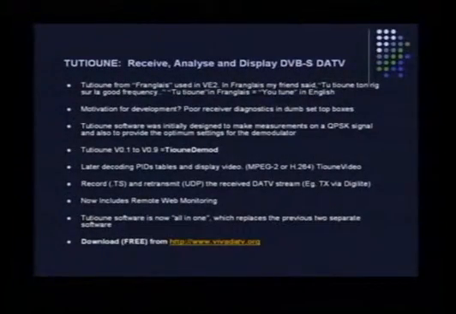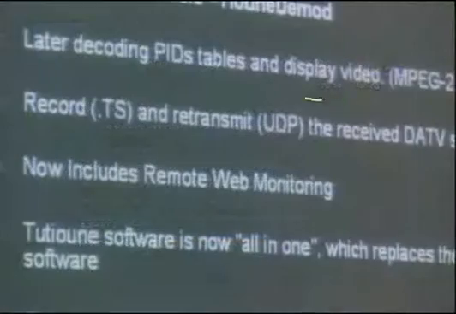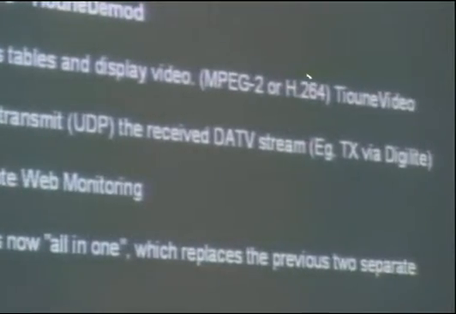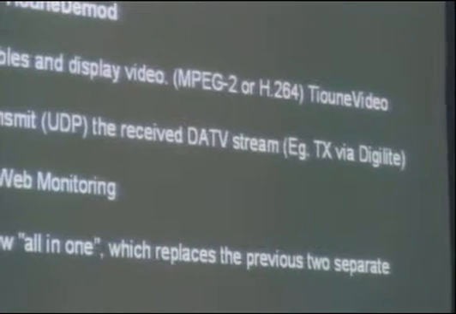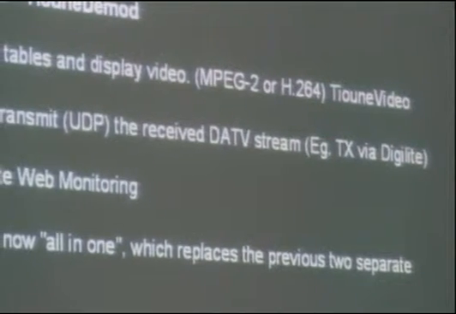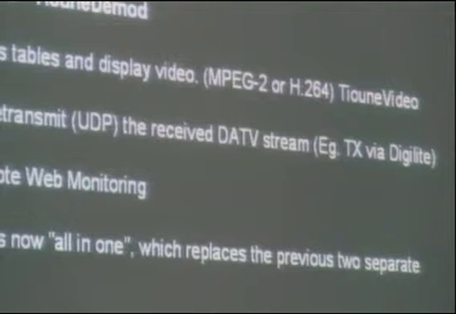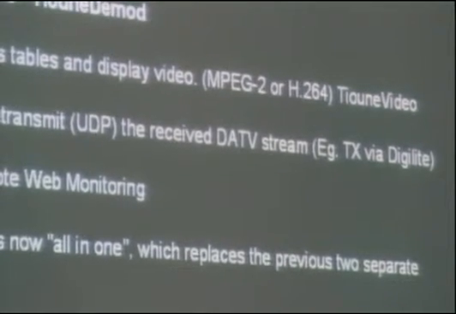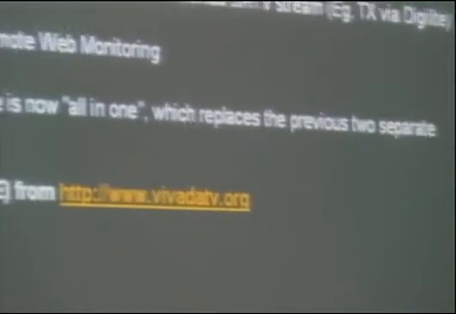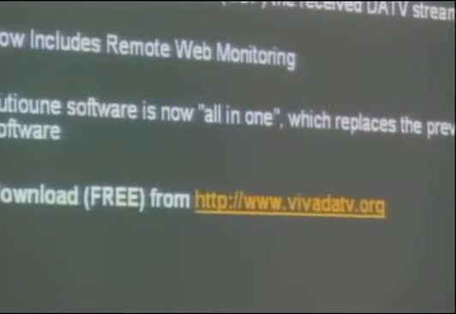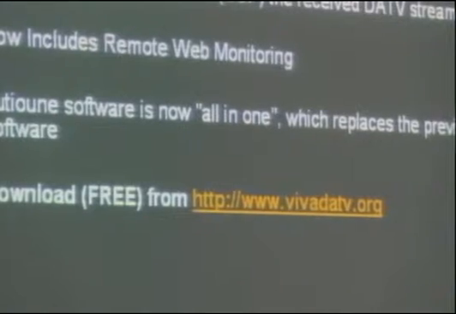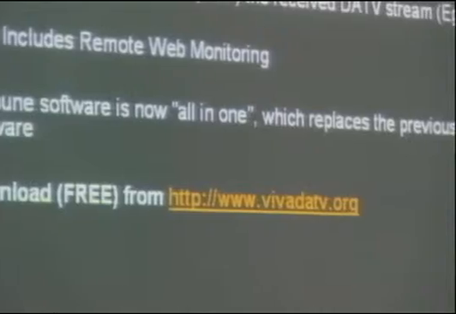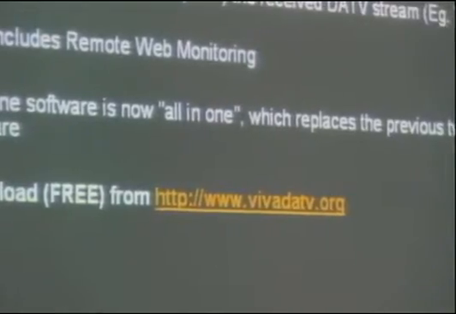The second software is to display video. It's Tune Video. And when you use the two software, Tune Video and Tune Demod, you use Tutioune. So now there is only one software, all in one, which replaces the two separate software. You can download them for free.